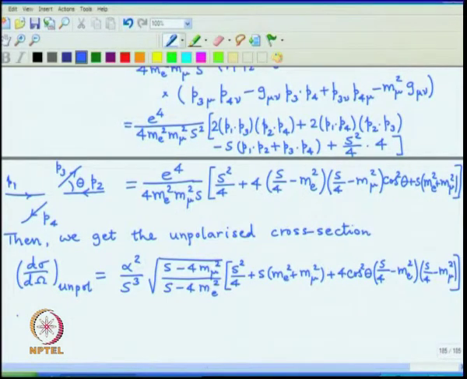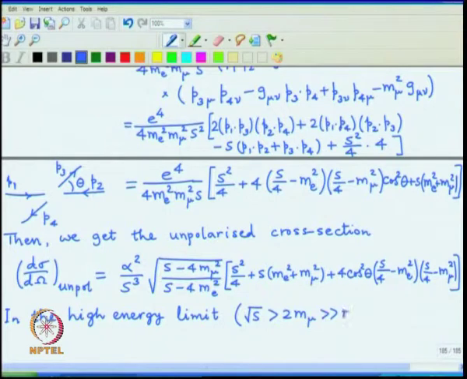So, in the high energy limit, which specifically means that the total energy is much larger than the masses, and actually muon mass is much larger than the electron mass anyway.